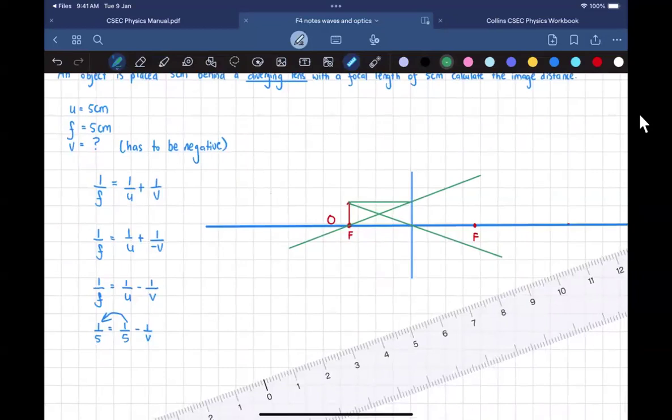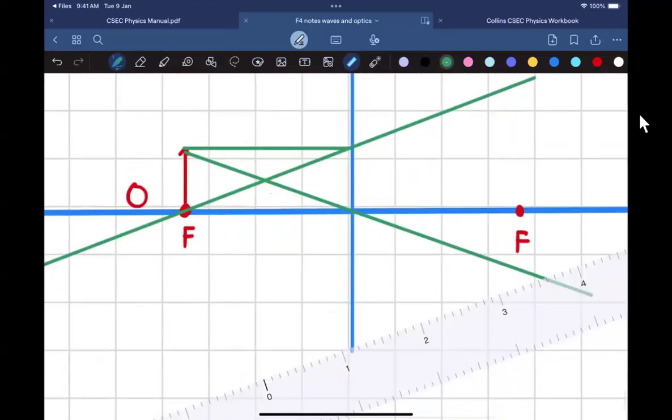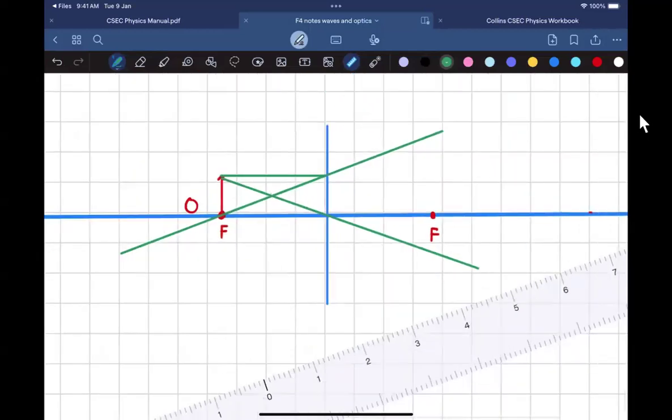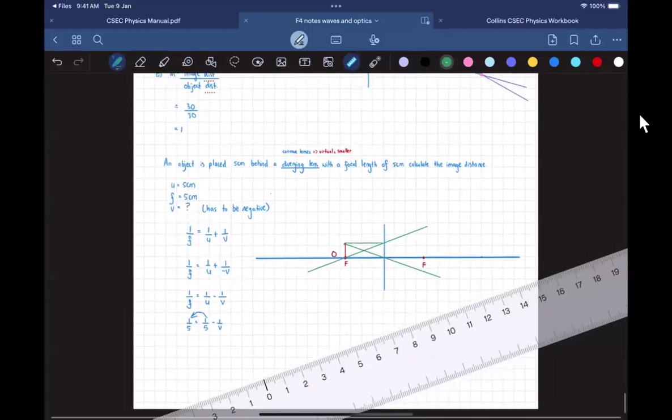That's very weird. Okay, I will leave out this question. I mean, notice that the image is still being formed though. Yeah, so that's kind of weird.